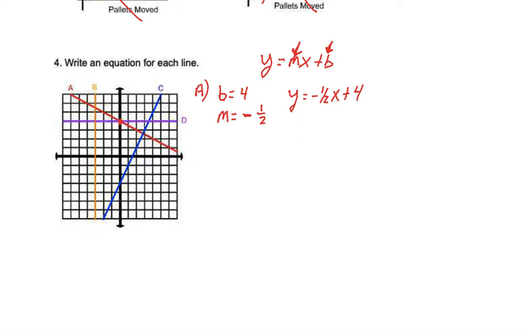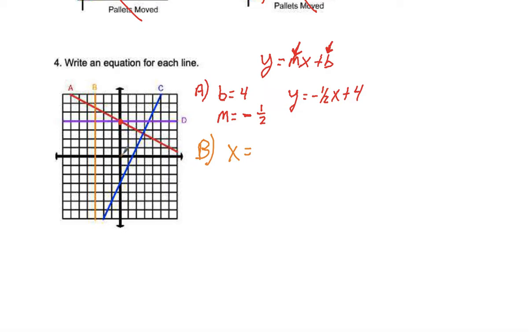Okay, let's do line B. Line B is different. We can't quite follow this pattern because it's a vertical line and our slope is undefined on a vertical line. So for a vertical line, it's just going to be x equals, and then count from the origin until you get to that line.